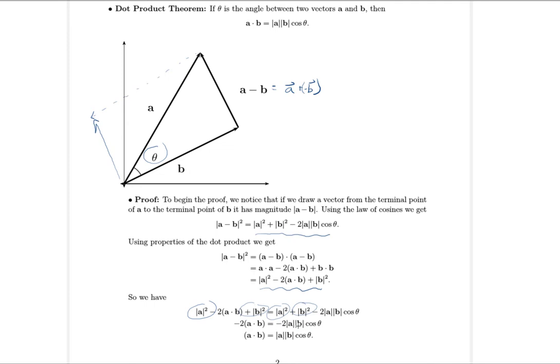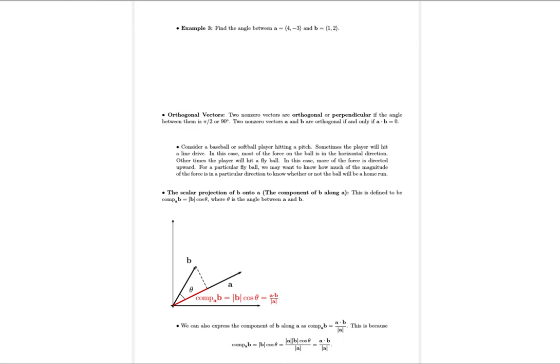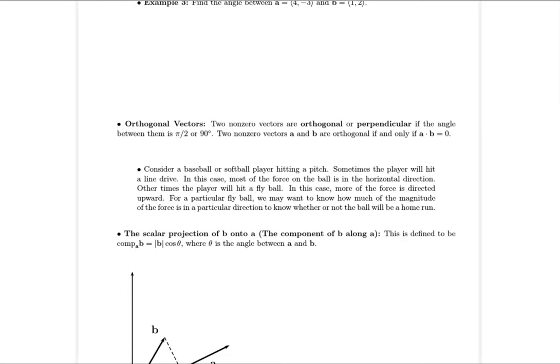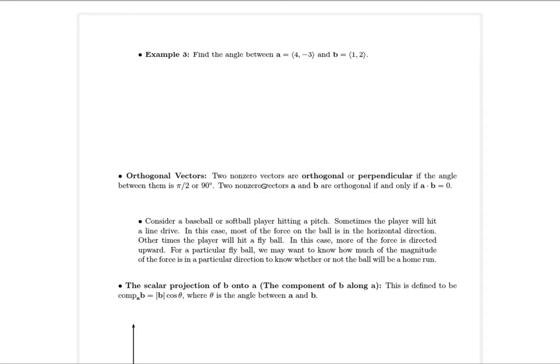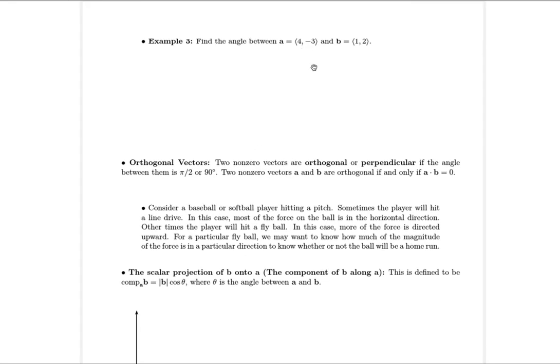All right, so let's see an example of where this can be used. It's not the only example. But what if we're asked to find the angle between two vectors? What I'd probably have us do first here is go ahead and sketch what these two vectors look like.